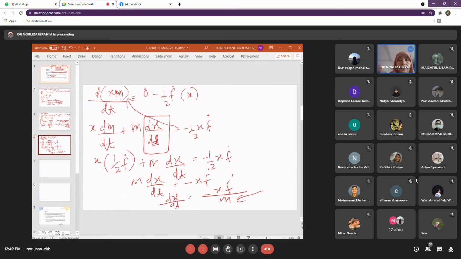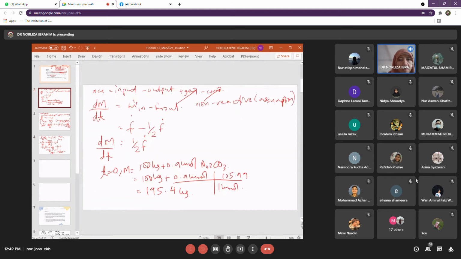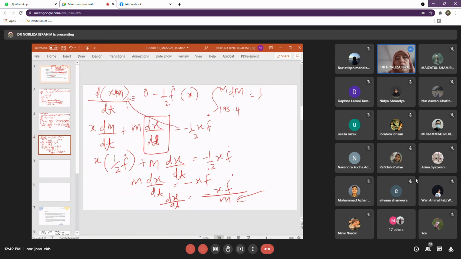Okay. So if I integrate that, dm from 195.4 to m. What is the relation from earlier? Half f dot. Okay. Half f dot dt. So you can take the f out because f is the flow. You have to assume the flow is a constant.